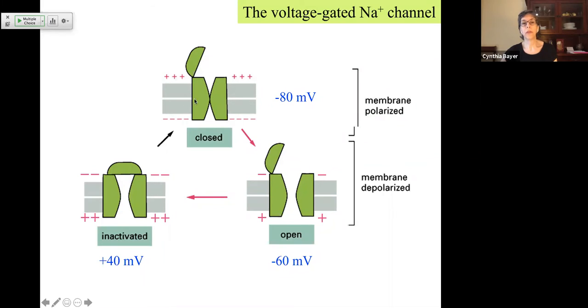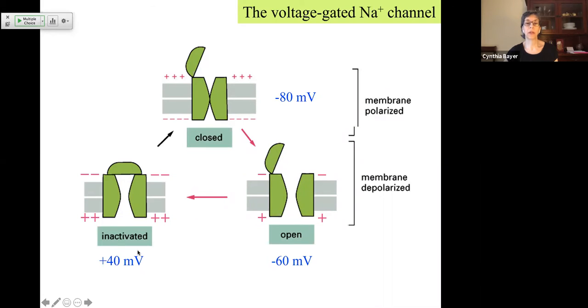So once the channel is converted from its closed state to its open state, the continued influx of positively charged sodium ions will continue to depolarize that membrane such that there will be a big change, many more positive charges on the inside.